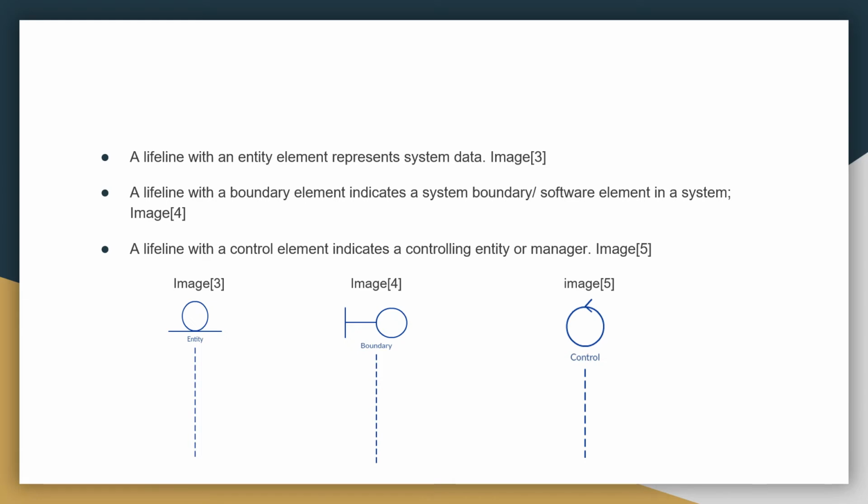For example, the user interface screen, the database gateway, your browser windows, or the menu that the user interacts with. They are the boundary. The next is the control element. The control element indicates a control entity or manager. It organizes and schedules the interaction between the boundary and the entity, and serves as the mediator between them.